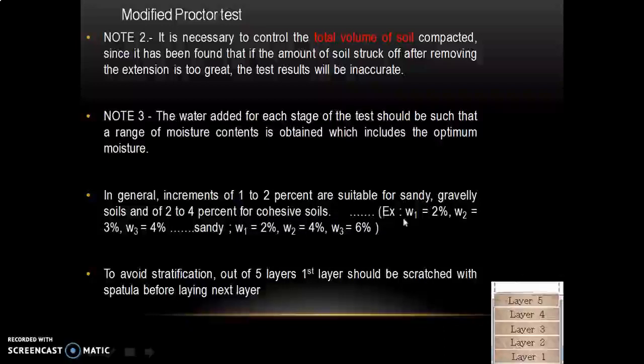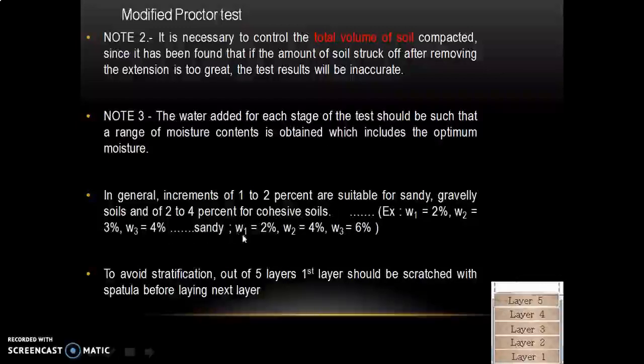That means, for example, for sandy soil, if the water content used for the first trial is 2%, and for the next trial the increment is 1%, then W2 will be 3%, and again with an increment of 1%, W3 will be 4%.